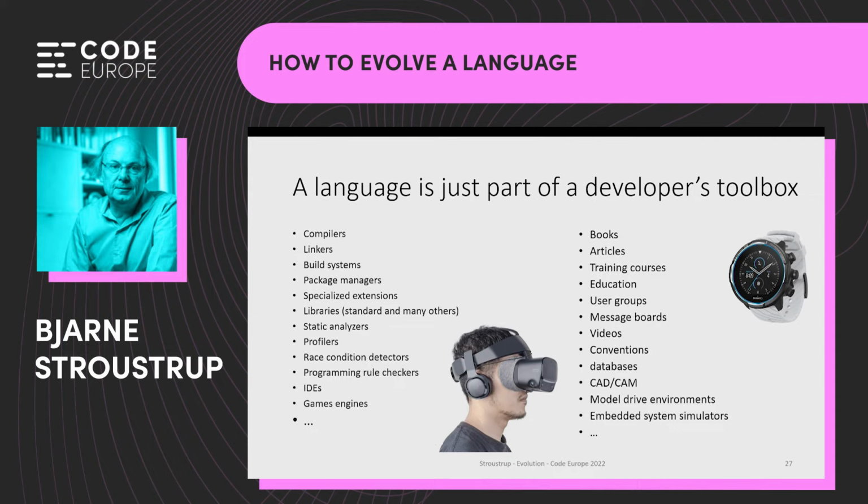We should remember that to evolve a language, we have to get all of this carried along. One of the things that I find very sad is when I find people being taught C++ with textbooks from the 1990s and compilers that in some cases are just as old. This is sad.